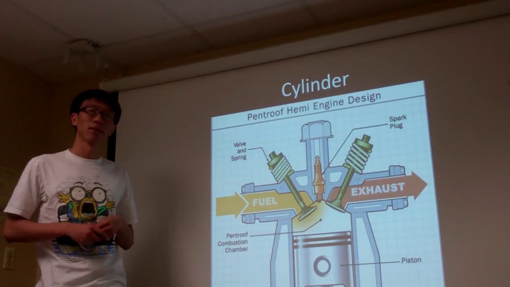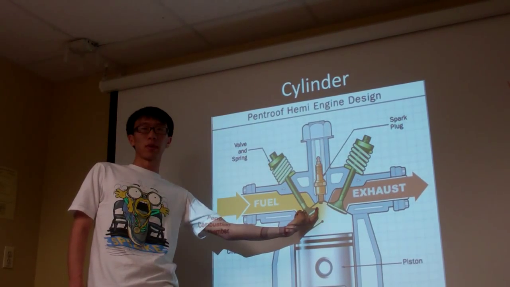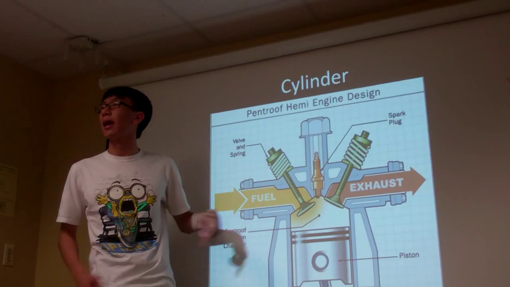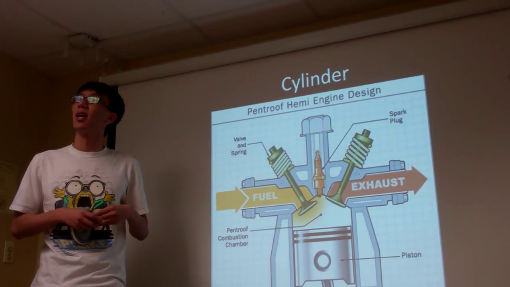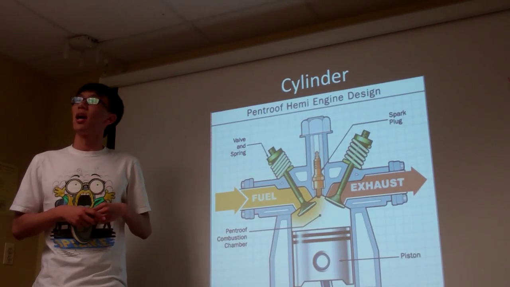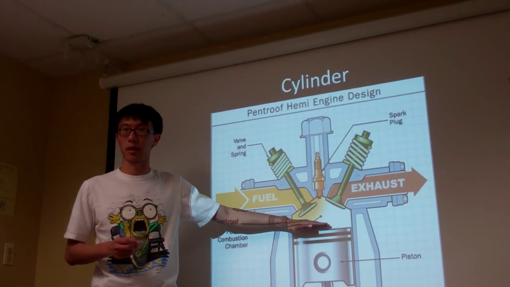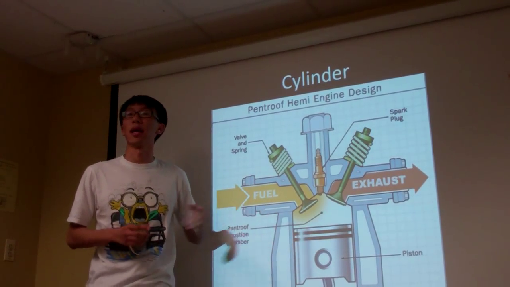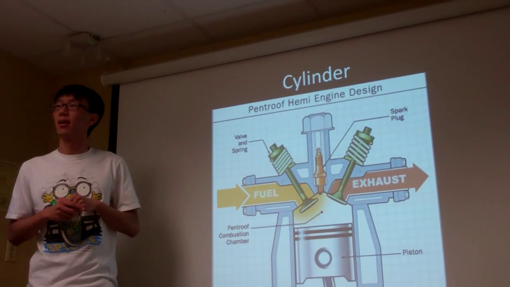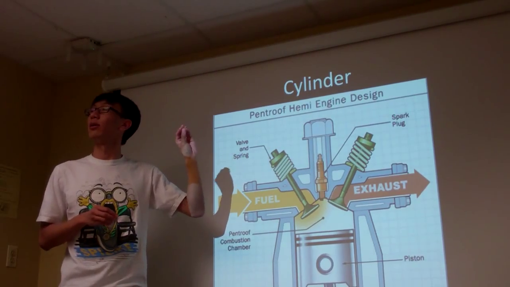Yes, exactly. First we need to open this door, the valve, to let the air in. Then the fuel comes in and then spark it. In fact, we need to compress the air first, to make it a smaller space. And then yes, spray the oil in it.